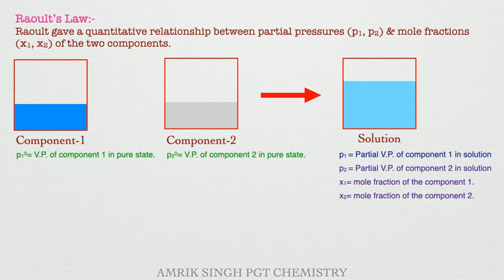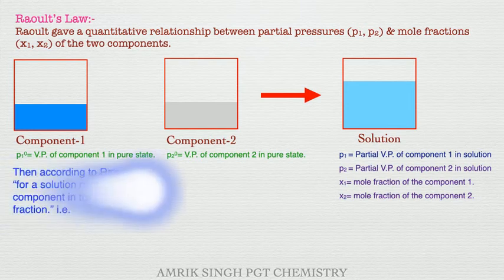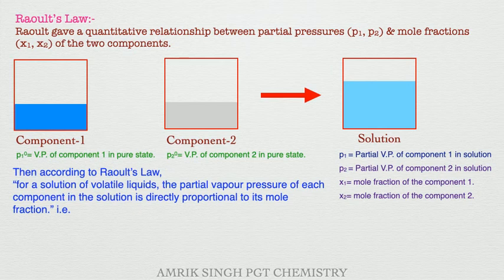The word partial is used, partial vapor pressure, for any component in solution. The reason is that we can't exactly measure the vapor pressure of a component in solution. Exactly it is not possible. Therefore the term partial vapor pressure is used here. According to Raoult's law, for a solution of volatile liquids, the partial vapor pressure of each component in solution is directly proportional to its mole fraction.